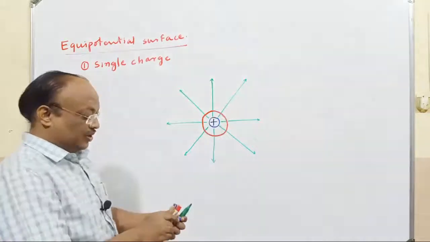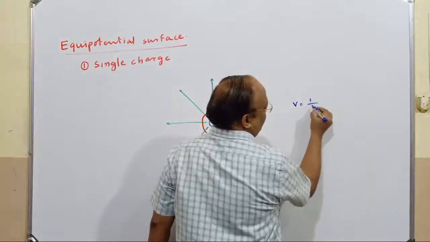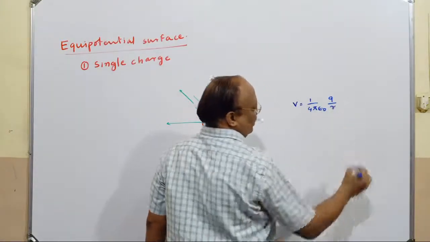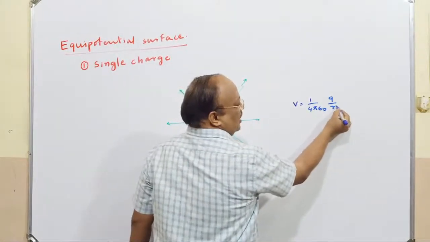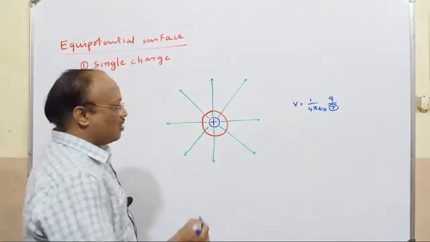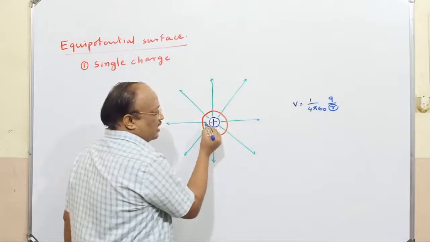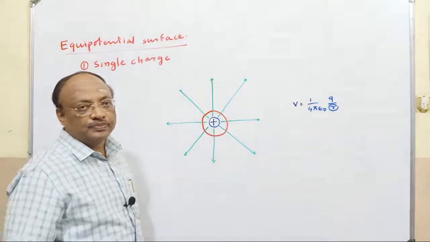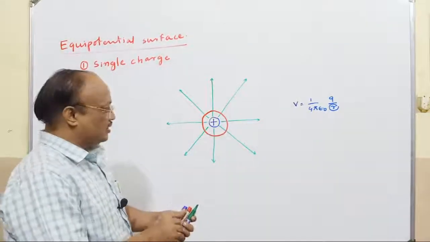V is equal to 1 by 4 pi epsilon naught Q by R. Charge is constant, this is constant, even R I am keeping constant. If I keep R constant, then at all these points the potential will be the same.